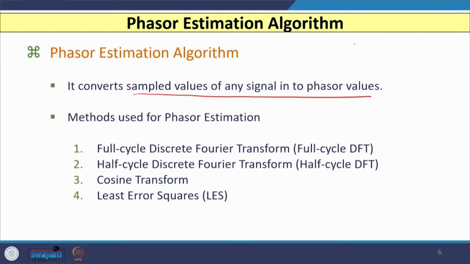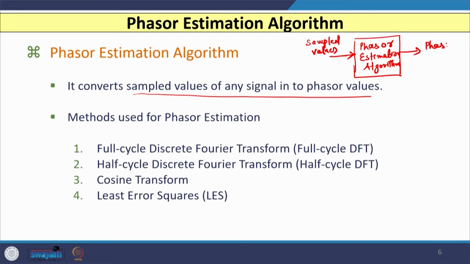So, if I have one black box which is nothing but the phasor estimation algorithm, then the input of this block is nothing but sampled values, and the output of this box is nothing but phasor values, that is magnitude and angle.